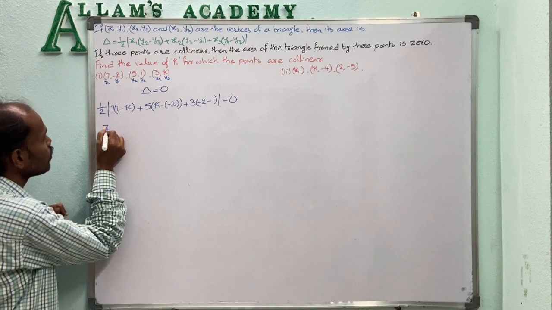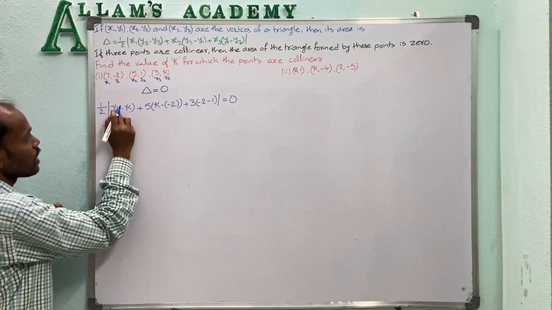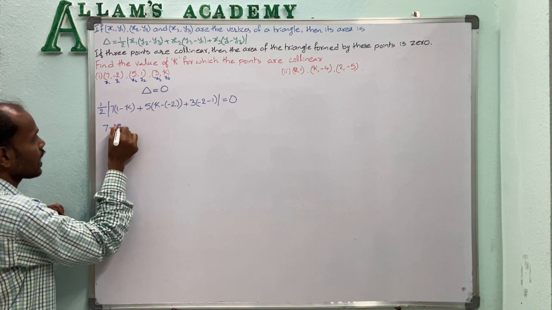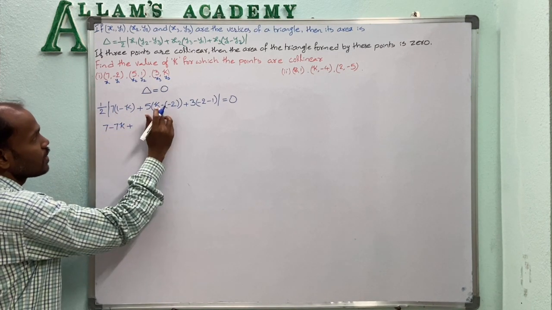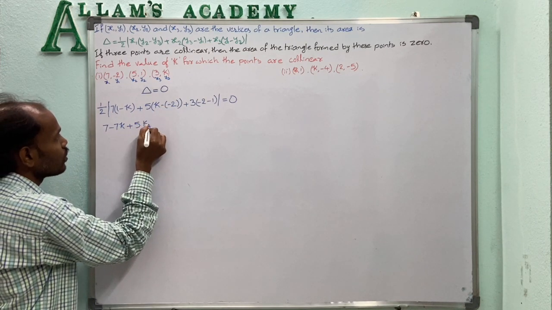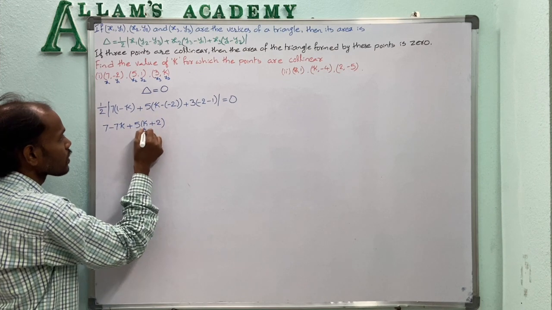So 7 into 1 minus k. So 7 ones are 7. 7 into minus k is minus 7k. Plus, minus of minus 2 is plus 2, so 5 into k plus 2.